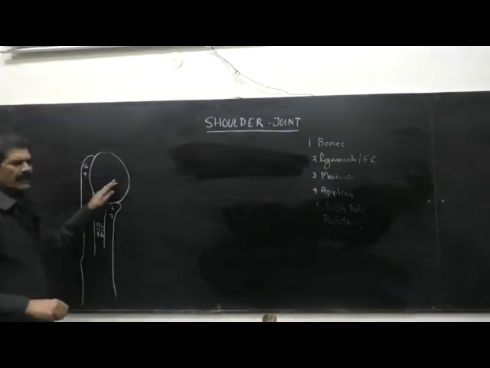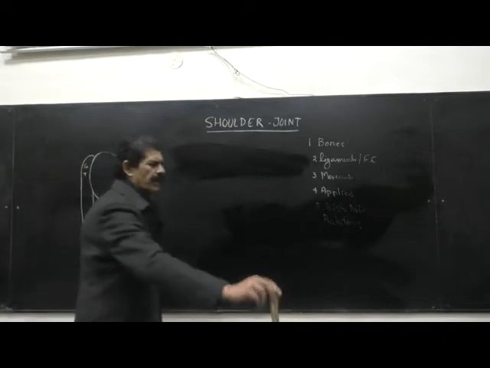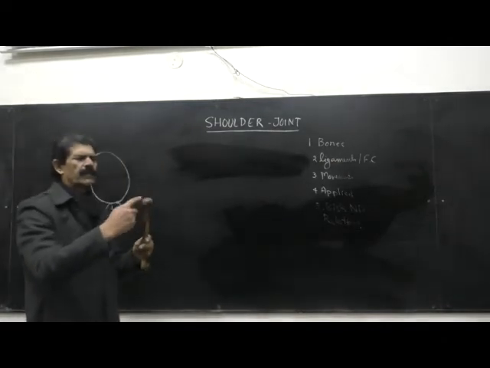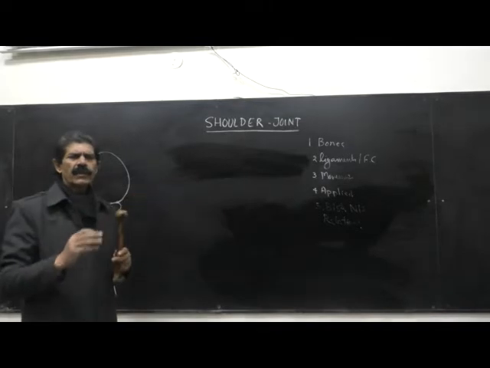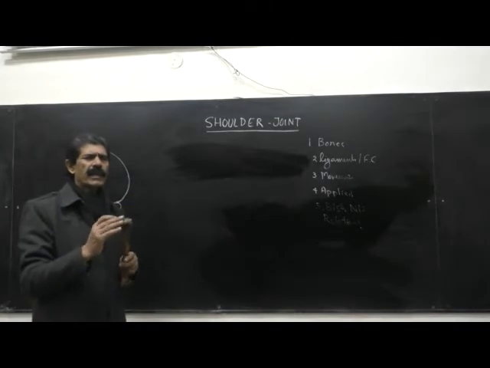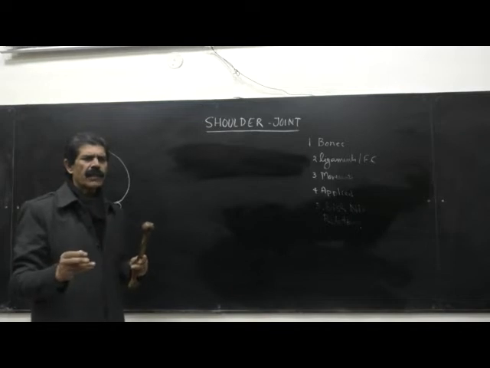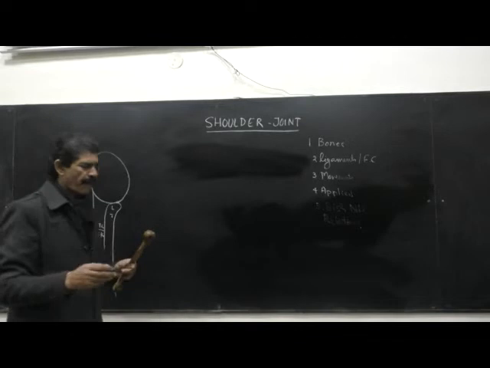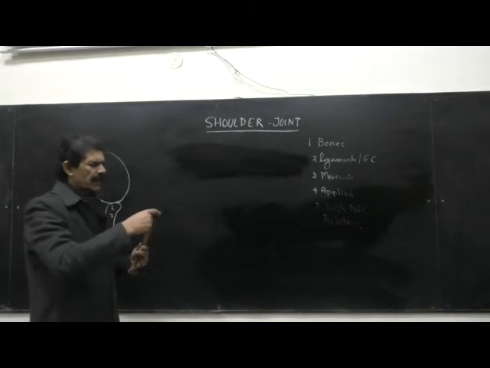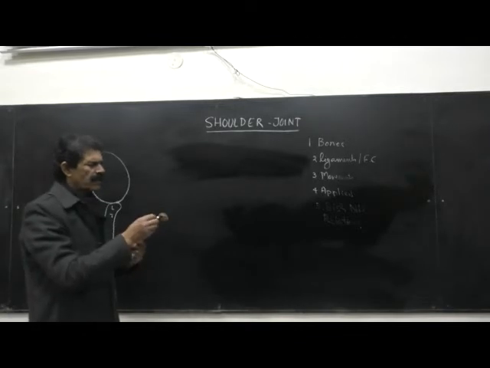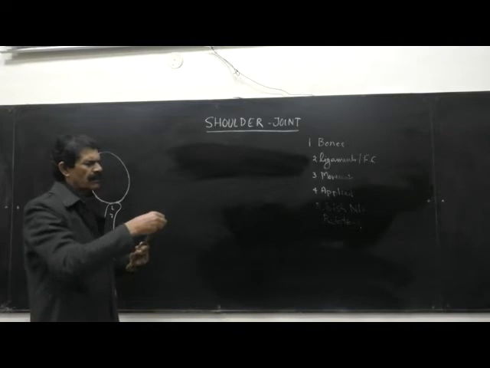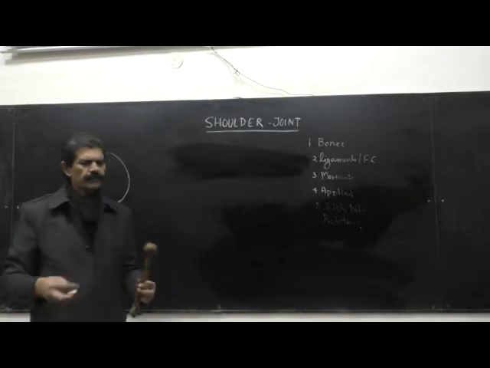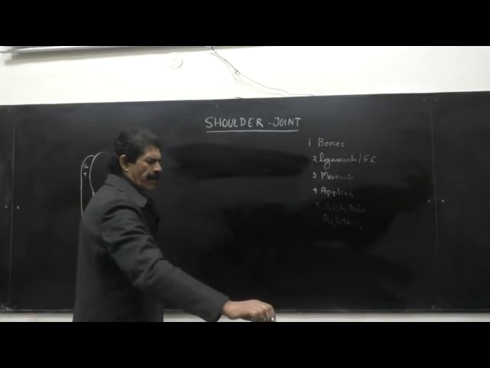And this surface of the spherical head of the humerus is smooth. It is smooth because it is covered by hyaline cartilage, which makes the joint frictionless and stable, and a long-lived joint. So this is the anatomical neck around the head of the humerus.